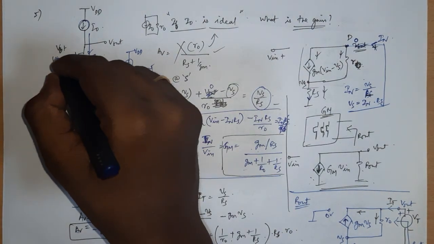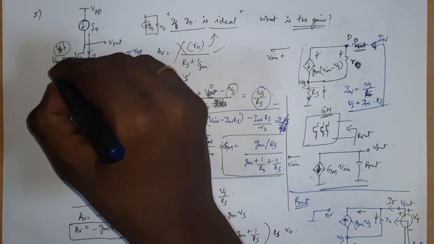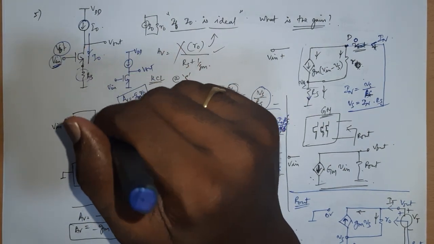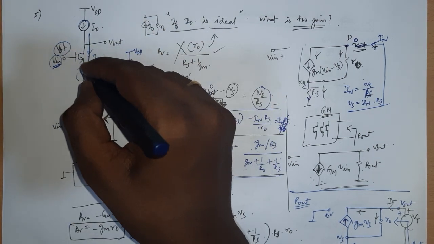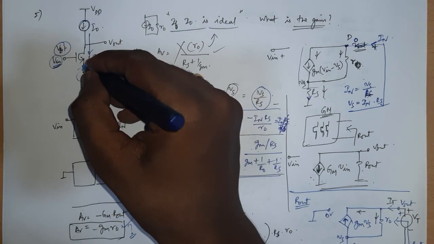Now this I0 is established because of the bias, even when this Vin is not there. Because of Vin, what will happen to the current? The current will not change in Rs. There won't be any incremental current through Rs.